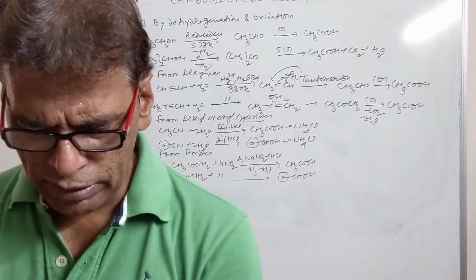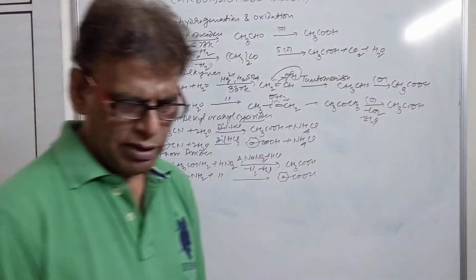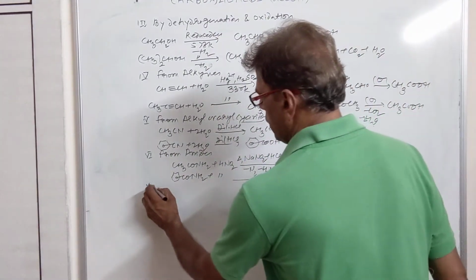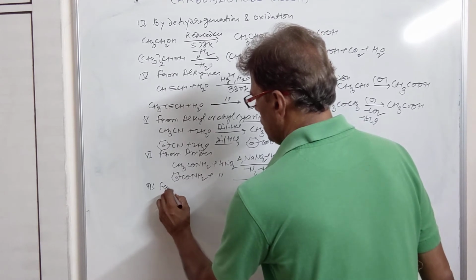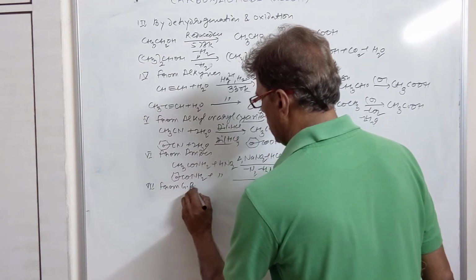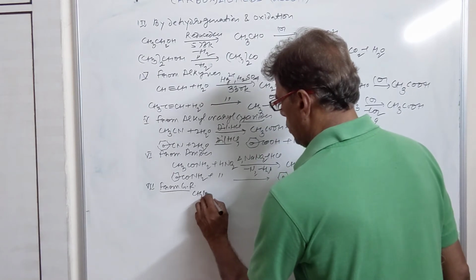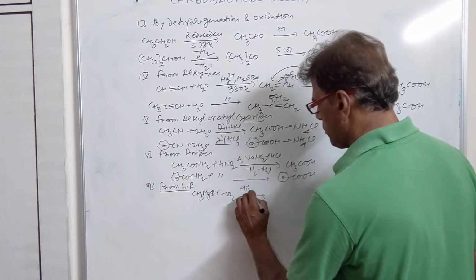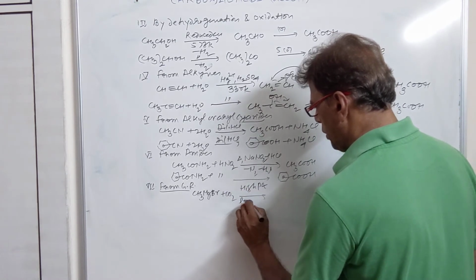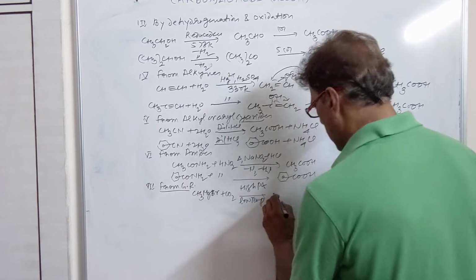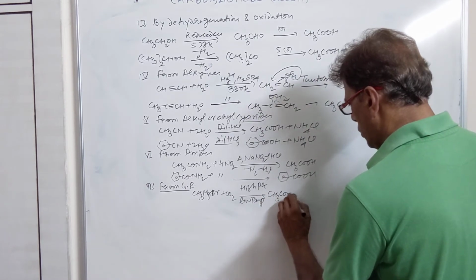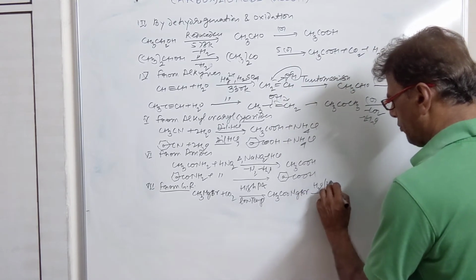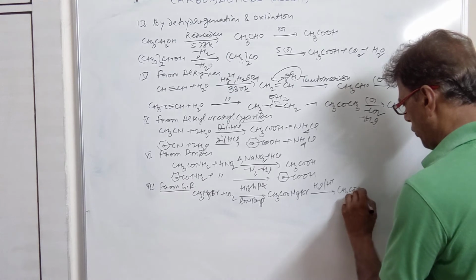Then we have the 7th method, that is from Grignard reagent. Grignard reagent can be changed into carboxylic acid. CH3MgBr supplied with carbon dioxide under high pressure and low temperature. It will take up carbon dioxide and will form CH3COOMgBr, which is hydrolyzed with acidified water to get carboxylic acid.